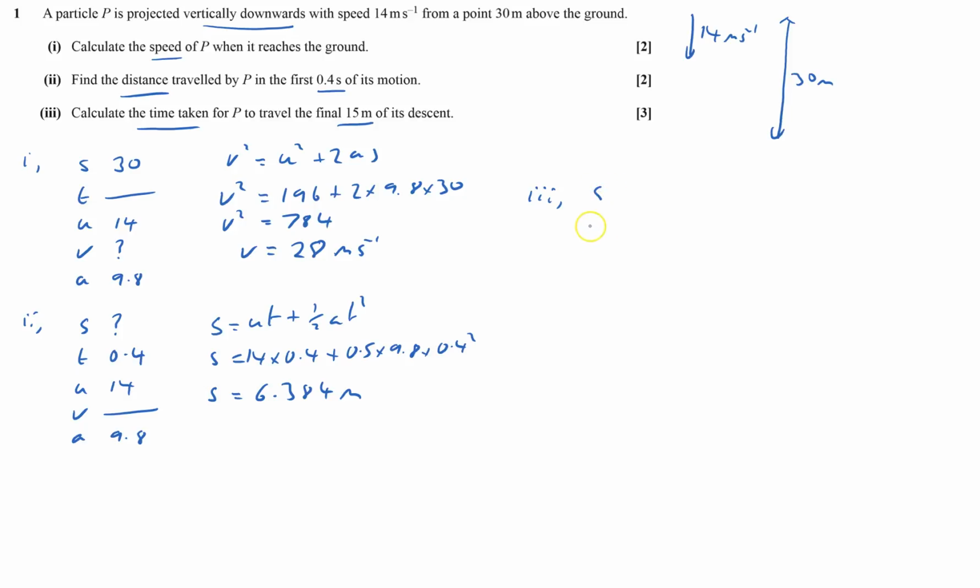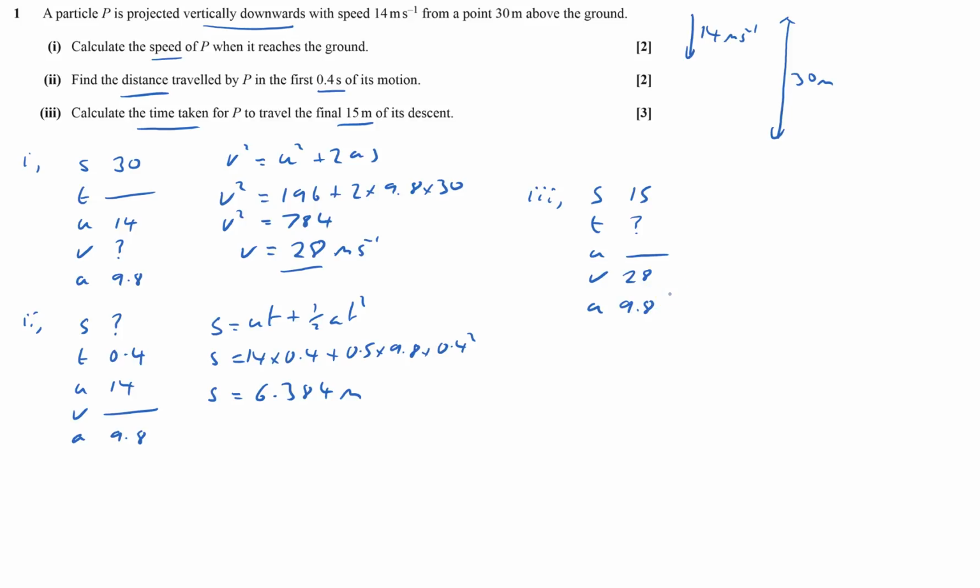And so I've set up SUVAT, and I know that S is going to be 15, T is what I'm trying to find, and U I don't care about. V I just worked out in the first part, the final speed is 28, so that'll be 28, and A will be 9.8.